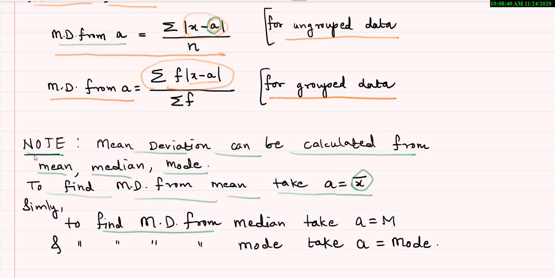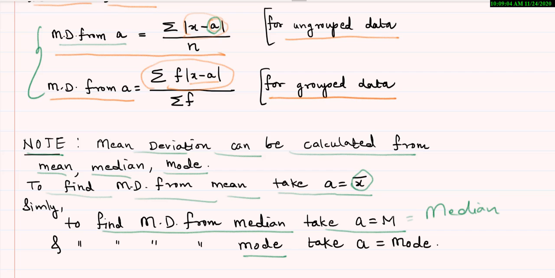Similarly, to find mean deviation from median, we take A as M. M is median. And to find mean deviation from mode, we can take A is equal to mode.